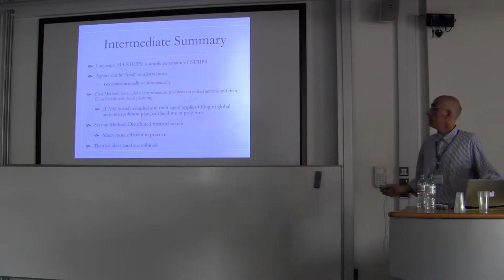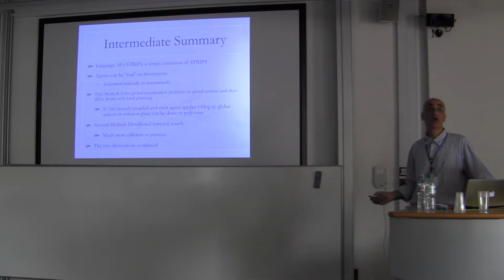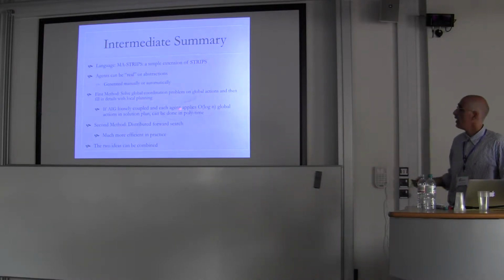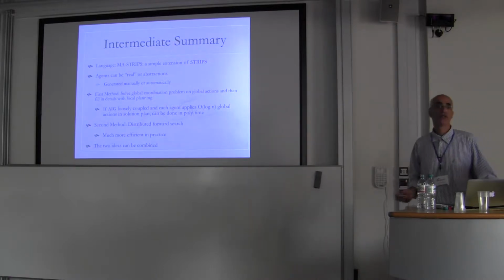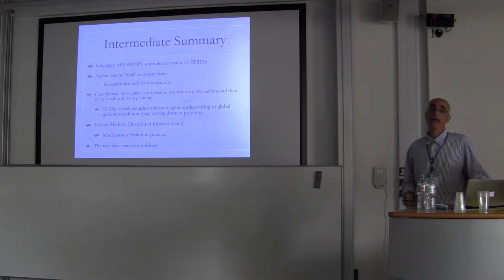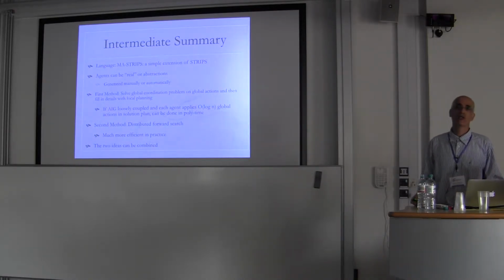The first method tells us to solve a certain global coordination problem first, and then fill in the local details. When the global coordination problem is based on a domain which is loosely coupled, and not too many actions are required by each agent for the coordination, then we get an efficient algorithm.